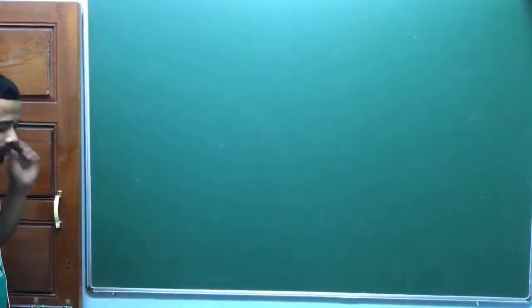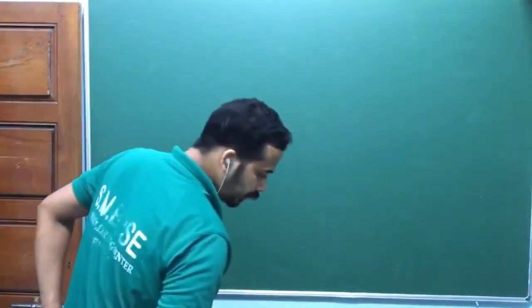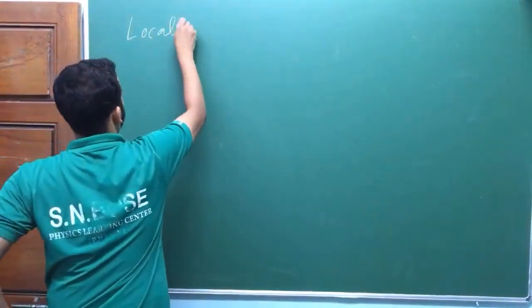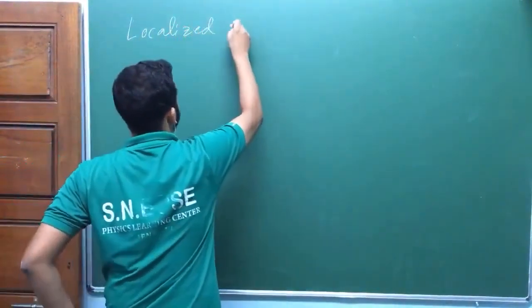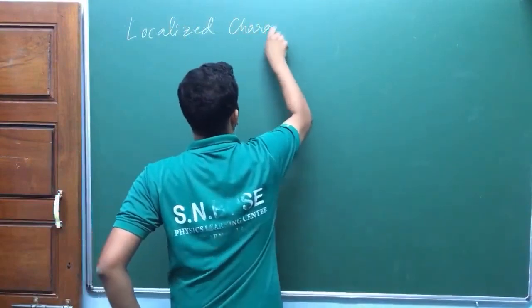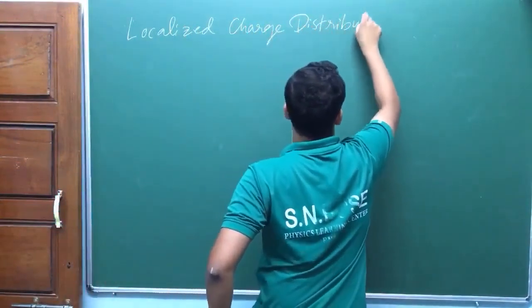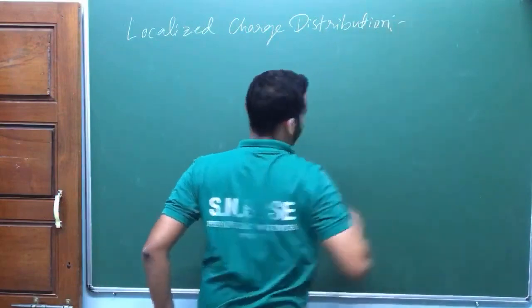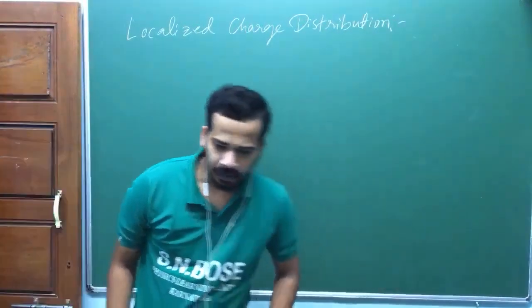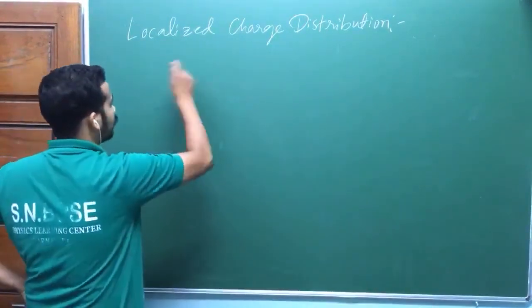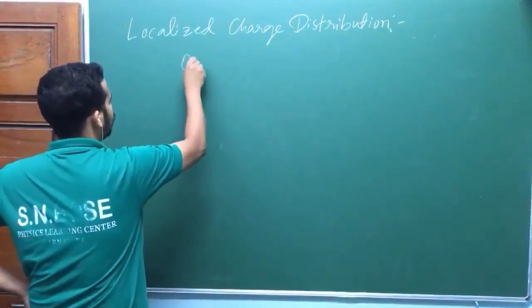The potential due to a localized charge distribution. We have already done this: in the case of a localized charge distribution, I told you that you can take your reference point at infinity.